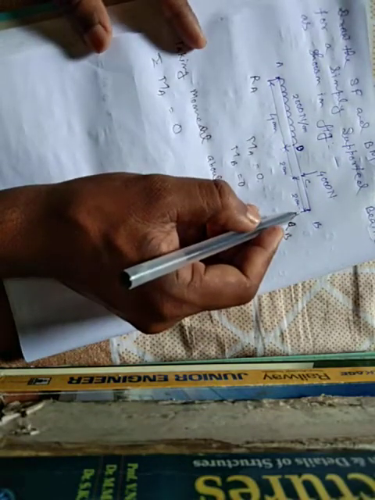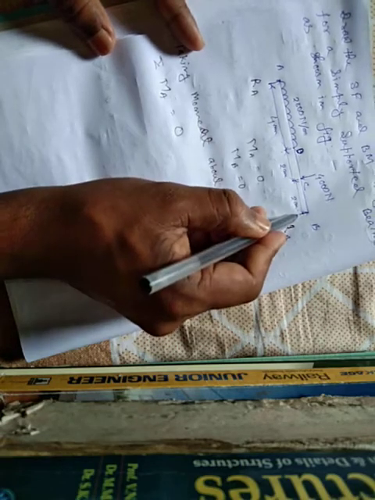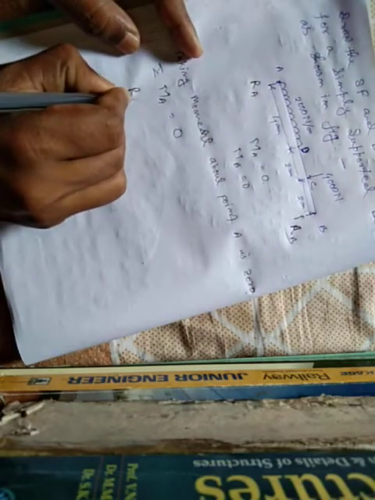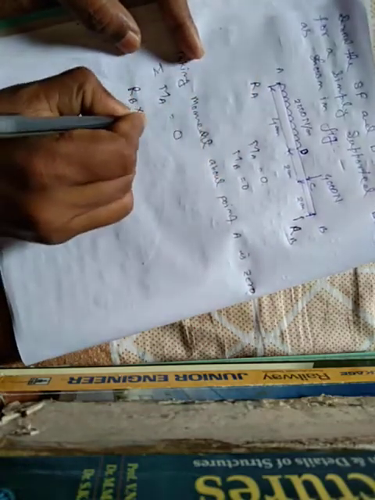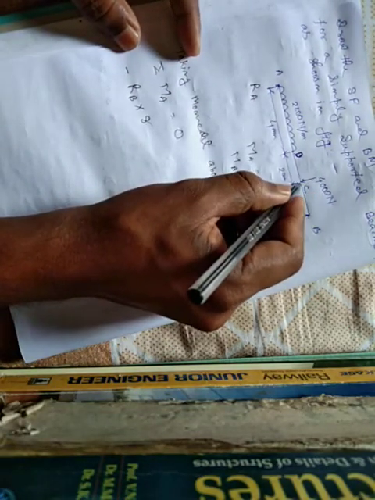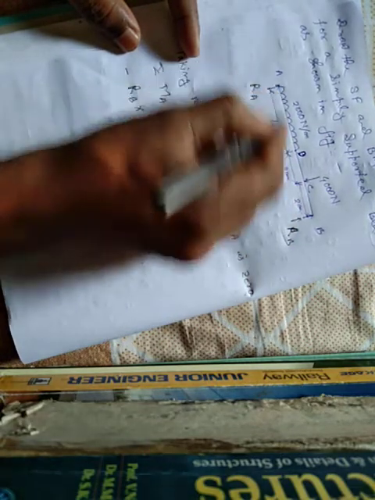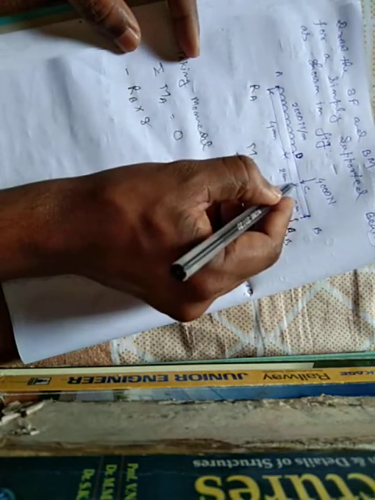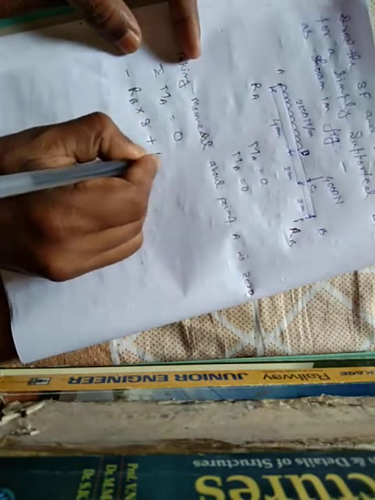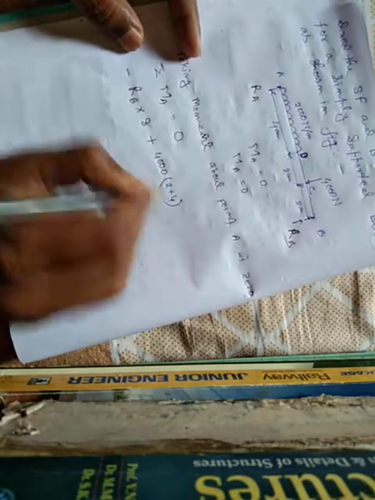Moment about point A: for reaction RB into total perpendicular distance 8, RB into 8, which is anti-clockwise, negative. And for this 4000 Newton load, the moment at point A is 4000 into perpendicular distance 2 plus 4, which is 6.